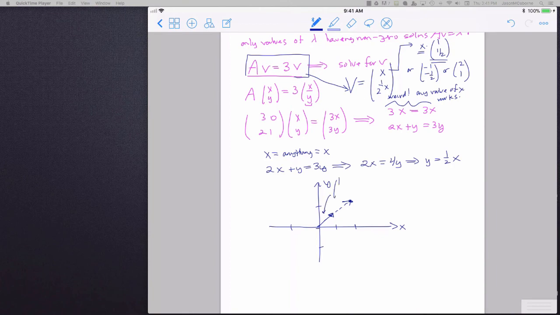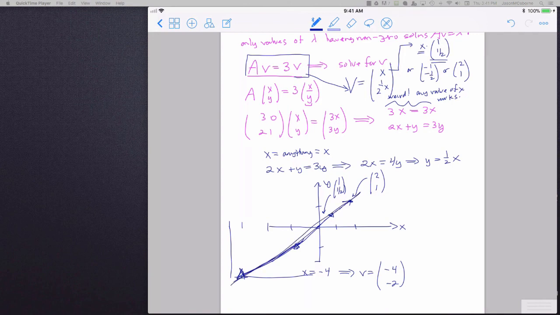Here is (1, 1/2). Here's the vector (2, 1). You can also have eigenvectors back this way. For example, x could equal -4, in which case your eigenvector v would come out to be (-4, -2). Sorry, not quite a straight line, but it should be a straight line.